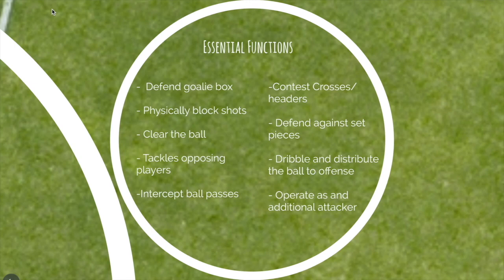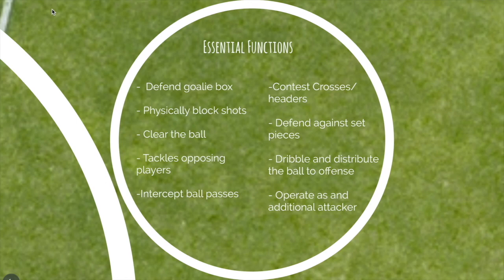From our observational job analysis, we found that the player typically defends around or within the marked surrounding area of the goal to prevent any potential goals against their club. They have to physically block shots without the use of their hands or arms. They clear the ball away from the club's own goal.